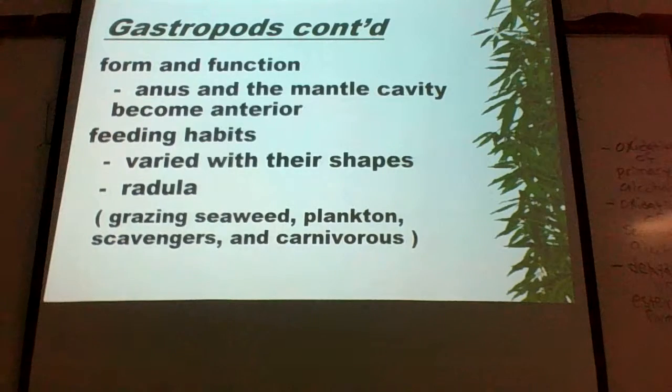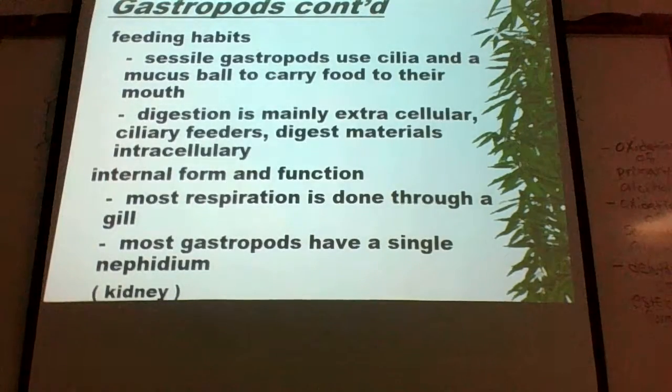But here's a unifying characteristic of all animals in this phylum. They all have a radula, and they all have a shell of some sort. Okay? So as we move forward, their feeding habits, I almost said filter feeders, that's not correct.